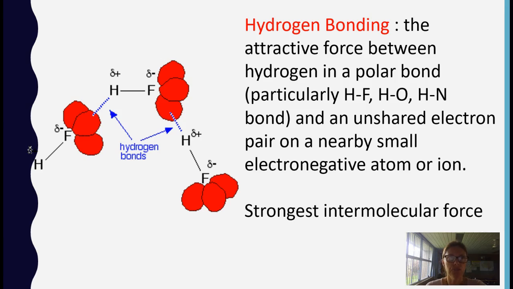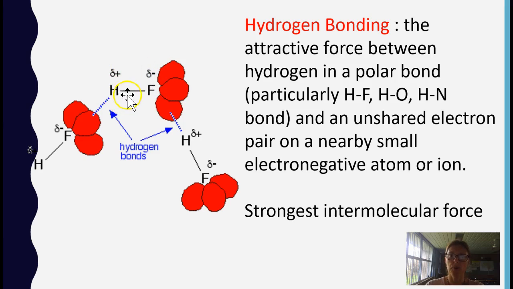So hydrogen bonding is, as the name suggests, an attractive force that happens with hydrogen and other elements nearby, but particularly our fluorine, our oxygen, our nitrogen, and our chlorine, those highly electronegative elements. And you can see in this diagram where we have our hydrogen to our fluorine.